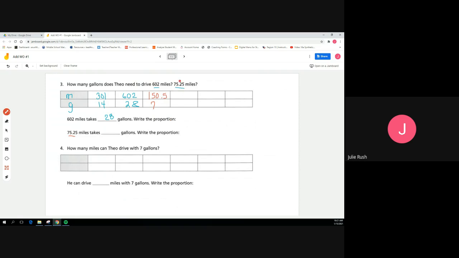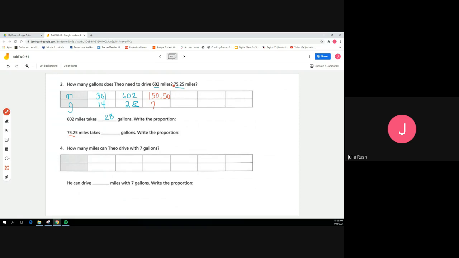Remember, I'm headed to 75.25, and I have 150. Well, guys, hopefully you know that if I had $1.50, right? 75 cents is half of $1.50, right? So that gives me half there. And if I take half of my 50 cents, I would be left with 0.25 or a quarter.